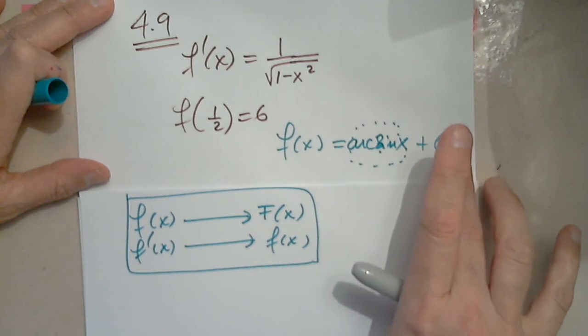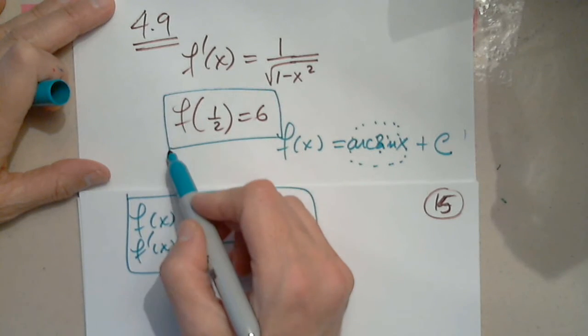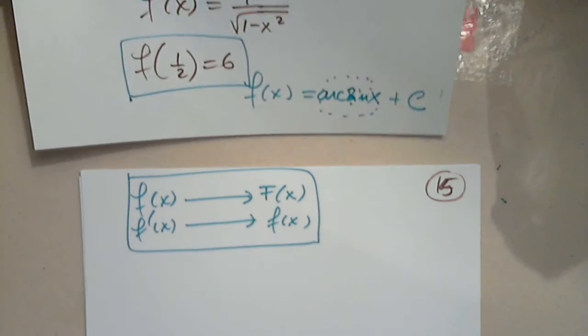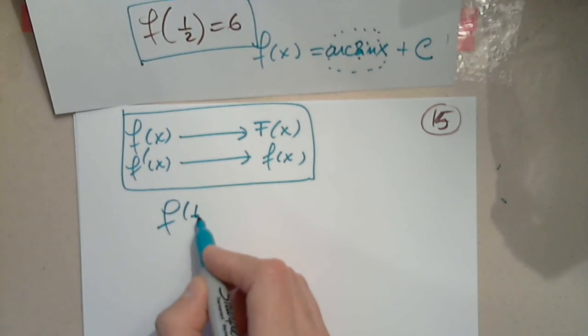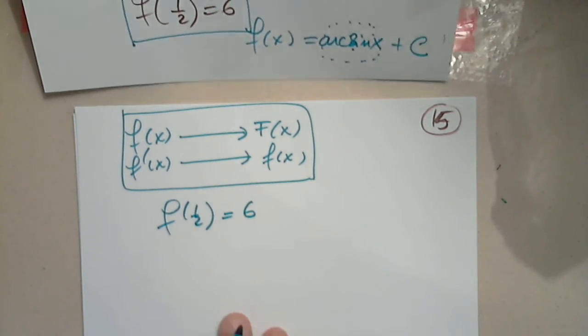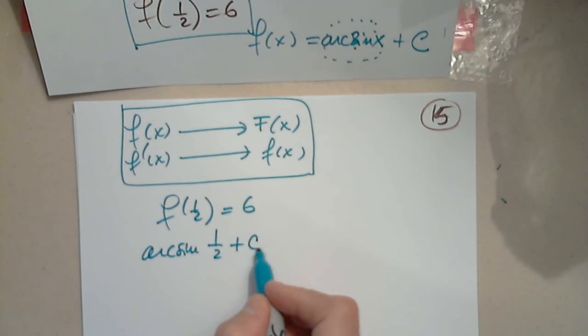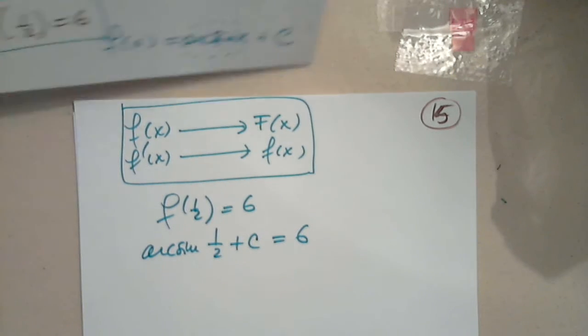Plus a constant c. But I am given this condition that will solve the problem with c. So then, f of 1/2 is 6. So I plug in arc sine of 1/2 plus c equals 6.